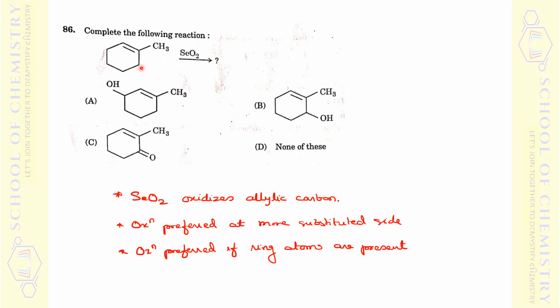Selenium dioxide prefers to oxidize this position, the position where the ring is present. That's how the OH group is introduced here, and the correct answer for this question will be option B, where the allylic ring position is taking up the OH group, or undergoing oxidation. So option B is the answer.